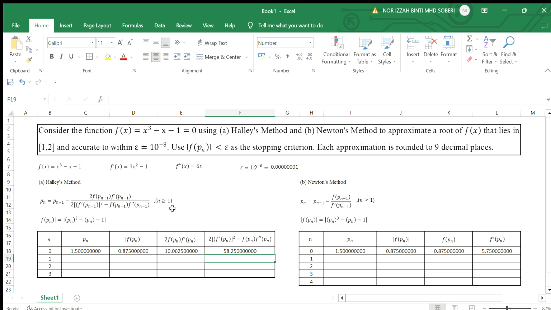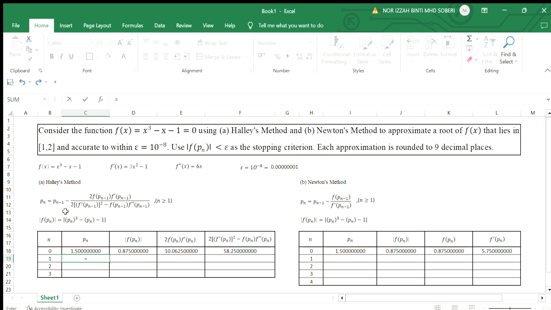And then to get the next Pn, we can use this formula, equal to Pn minus 1. If our n is 1, then Pn minus 1 is P naught, which is 1.5, minus the previous information from the above, 2 f(Pn minus 1), divided by the below information that we got previously.